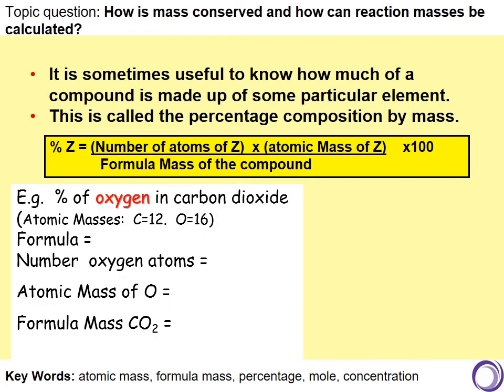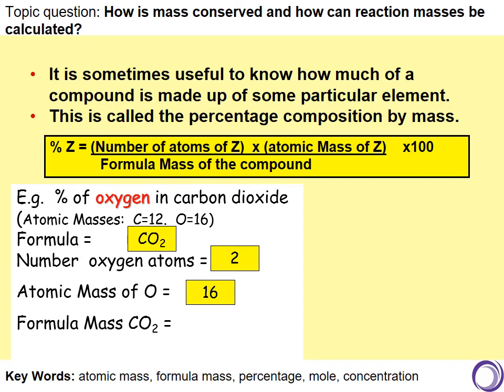Here we're going to calculate the percentage of oxygen in carbon dioxide. So the formula for carbon dioxide is CO2. This tells us that we have 2 oxygen atoms because the 2 is directly after the O. Each oxygen atom has a mass of 16.